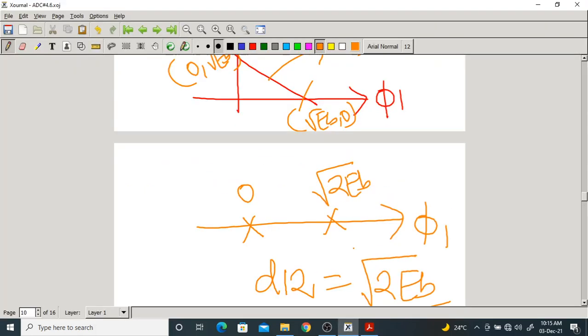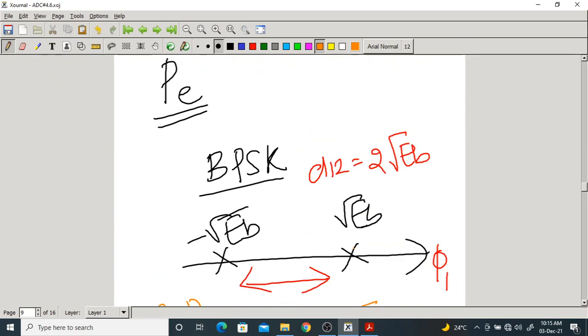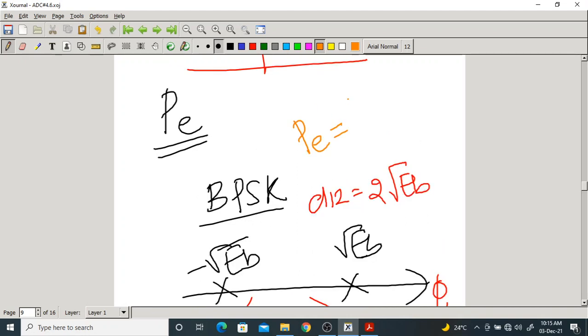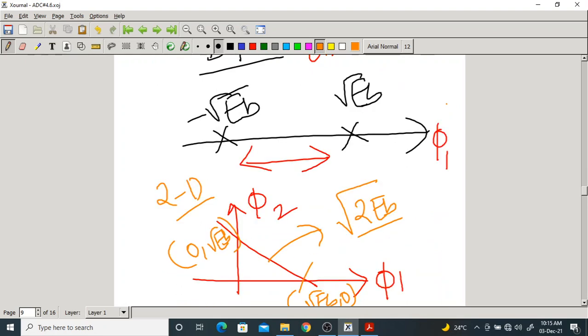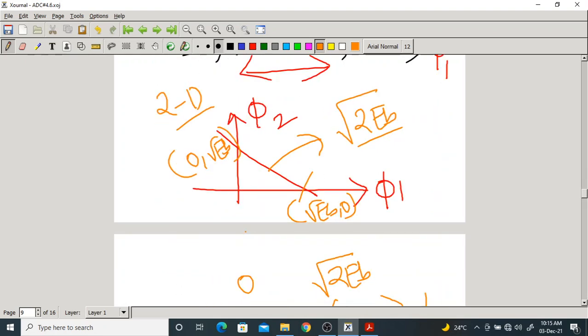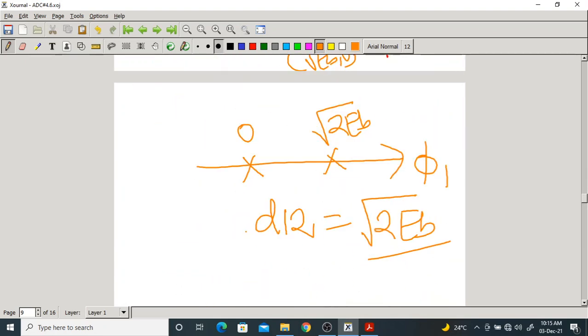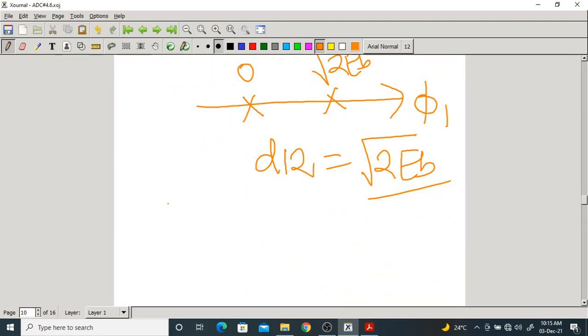Now, you observe the probability of error. In BPSK, it is Q of root of 2Eb by N0. In BFSK and BASK, it is the same.